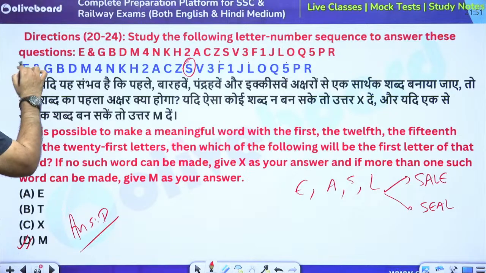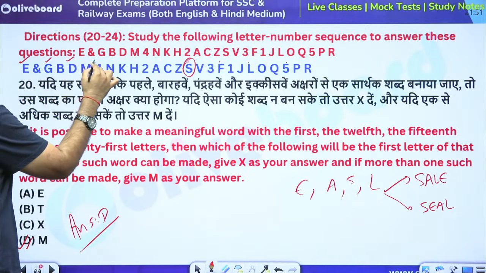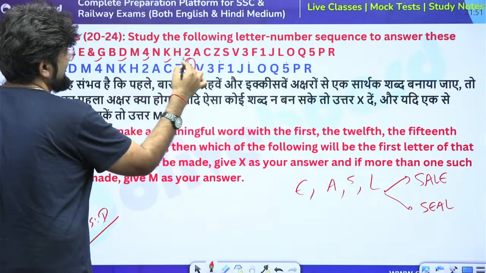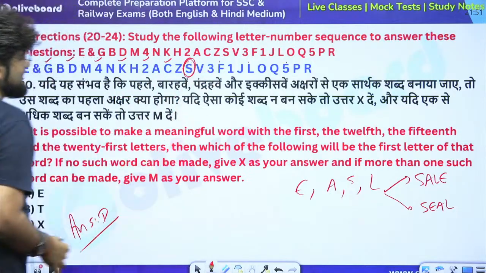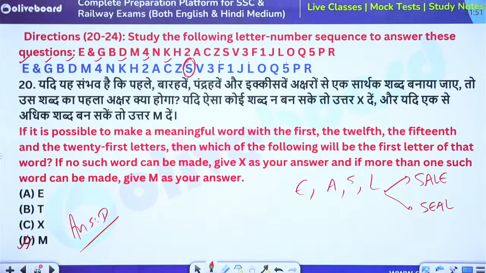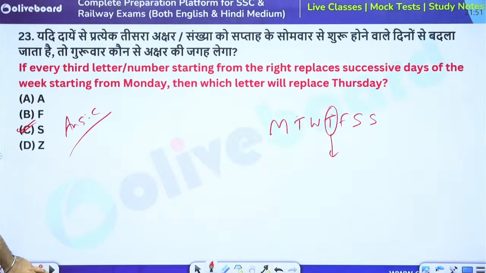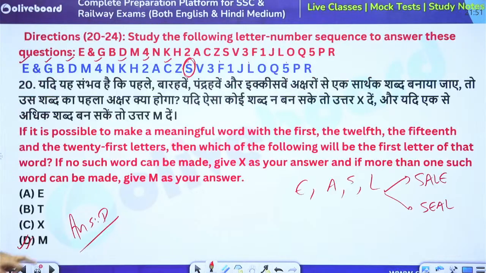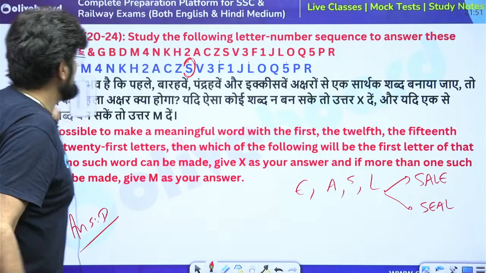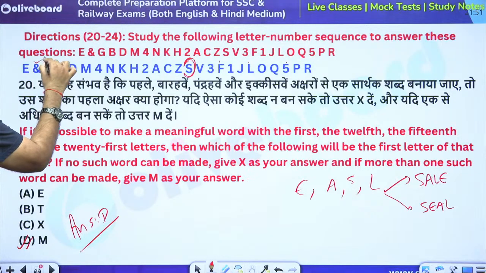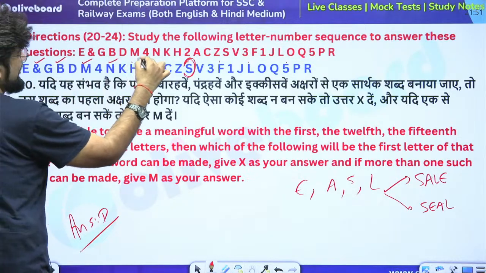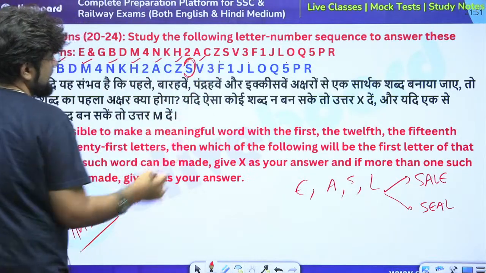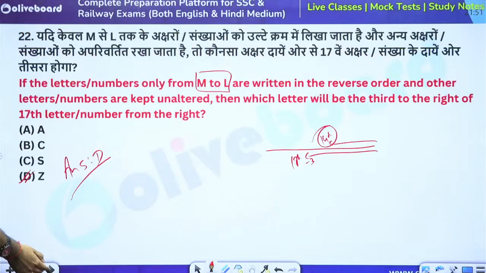So 1, 2, 3, 4, 5, 6, 7, 8. Again S is the answer. Starting from what letter again? Starting from E onwards. My bad. Oh, starting from E onwards. So this is dropped. So this is 1, 2, 3, 4, 5, 6, 7, 8. It will be V. V will be my answer.